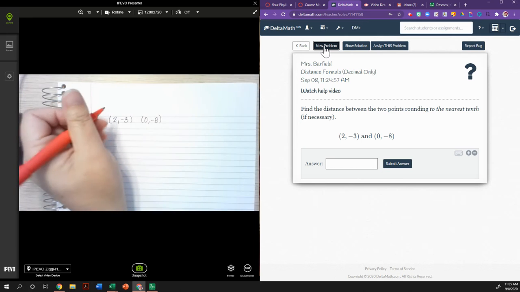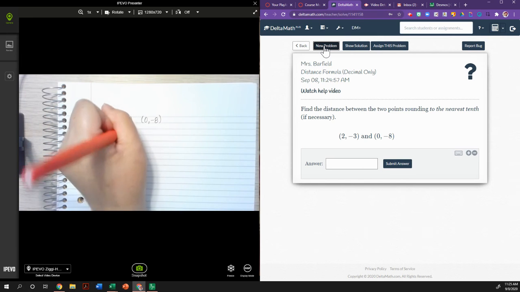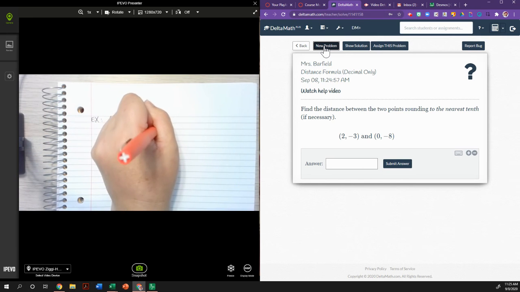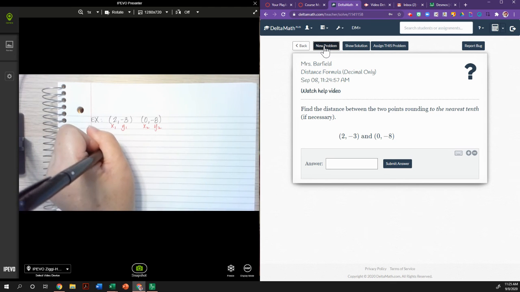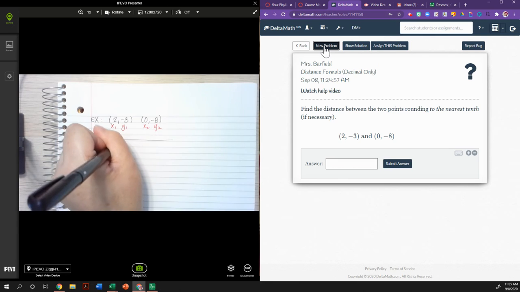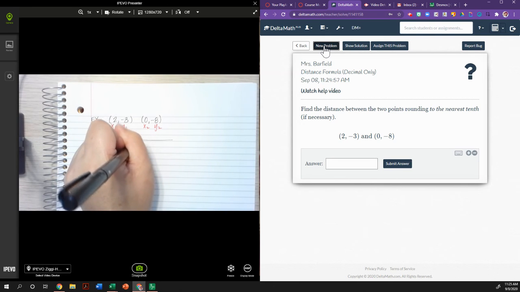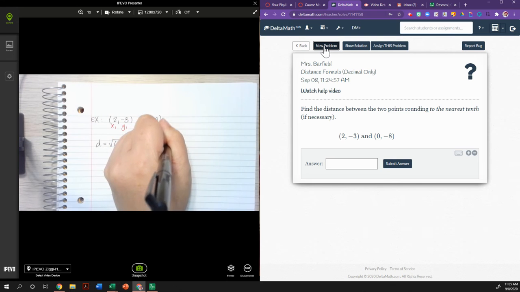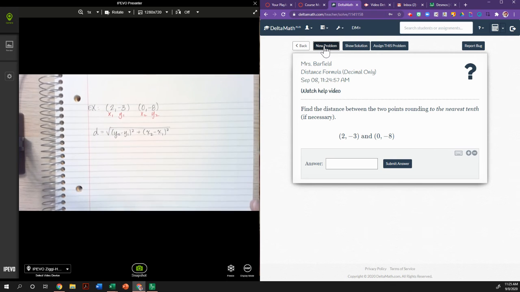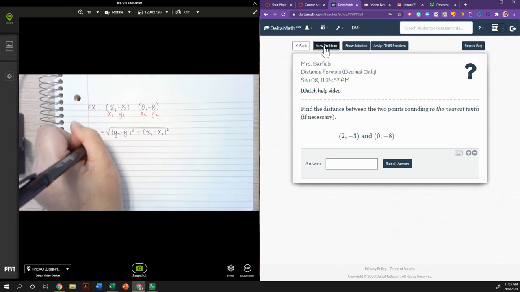I'm going to label my points x1, y1, x2, y2. And to memorize the formula, I'm going to write it down: y2 minus y1 squared plus x2 minus x1 squared. That is how you will memorize the formula if you write it down.